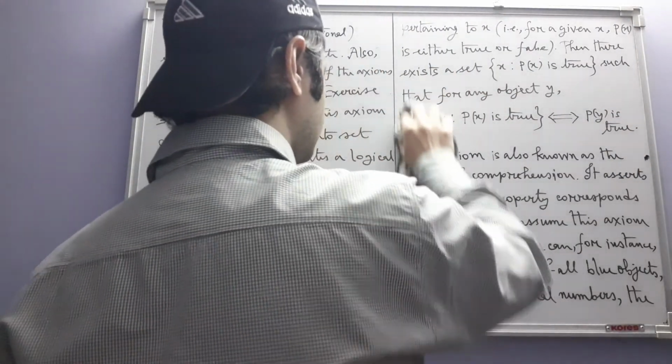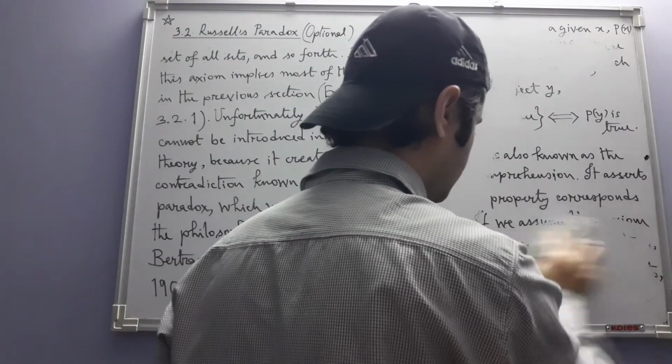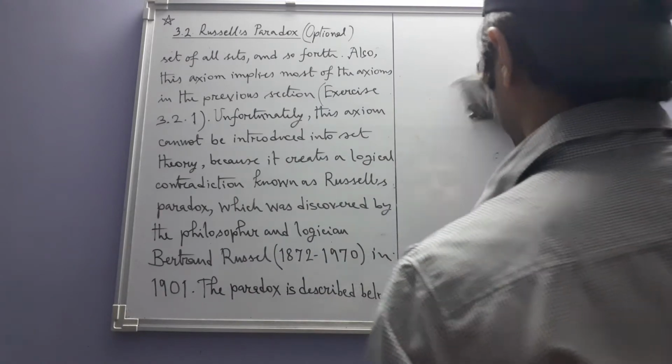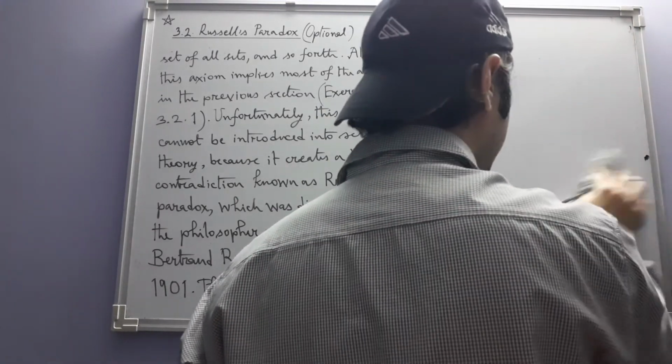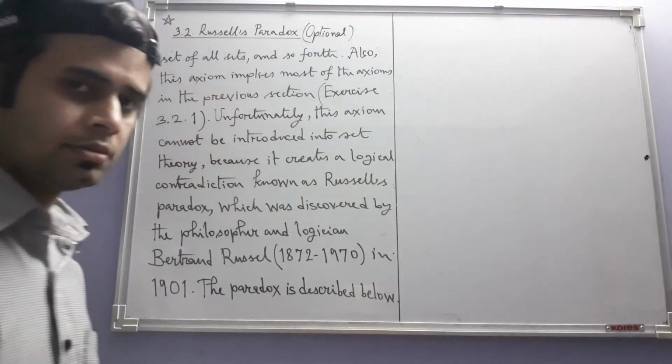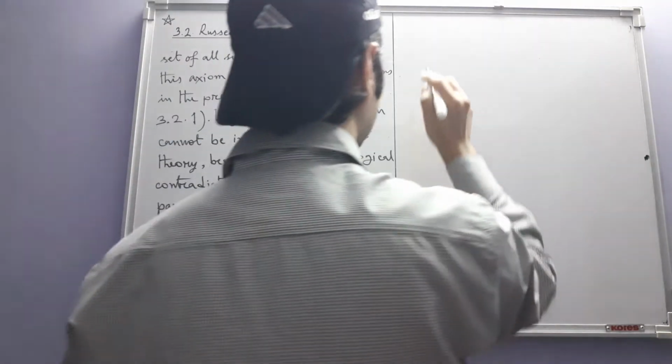Okay, so what goes wrong if we assume this axiom 3.8? So we start with a property. Since this axiom says that every property corresponds to a set, we start with a particular property.